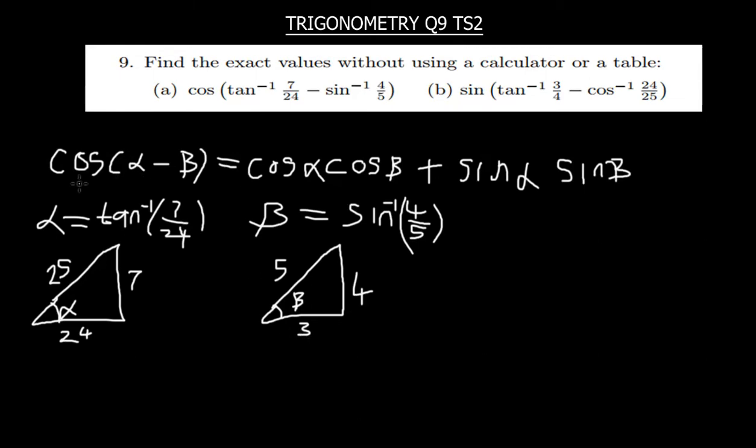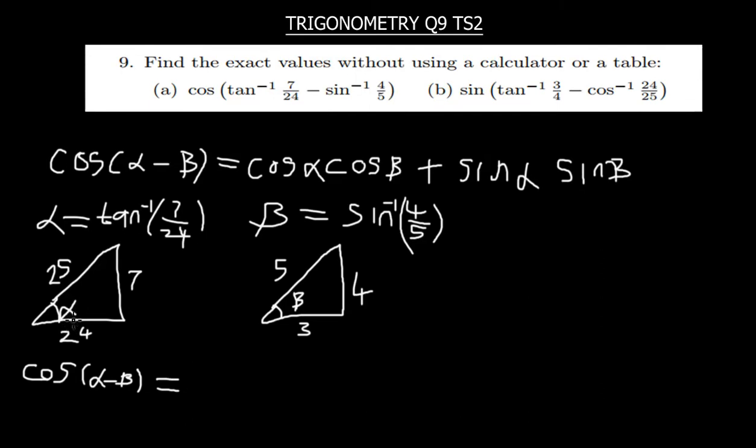So I think we can now plug in our values in this equation. I'll write cos alpha minus beta is equal to, my cos alpha will be what? I'll go where there is this angle alpha.